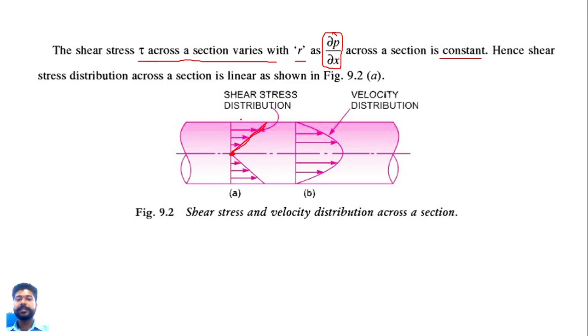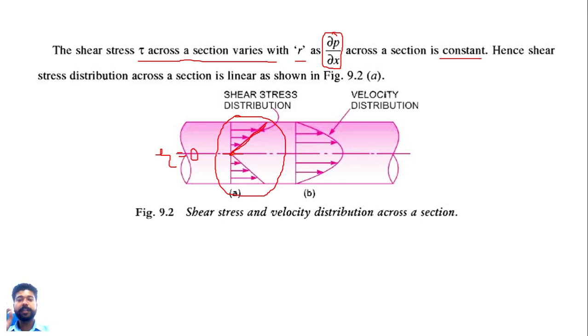So here is the shear stress distribution somewhat like this, okay, in the pipe cross section. I hope you can understand this shear stress distribution. When r is 0, which is at the center of the pipe, the radius of the small elementary cross section is 0, at that time the shear stress will be 0.